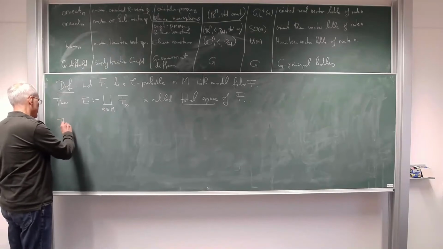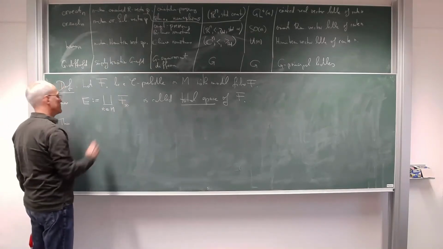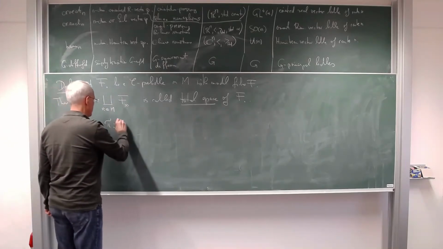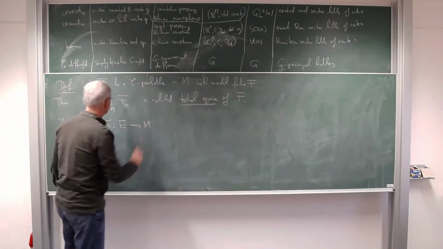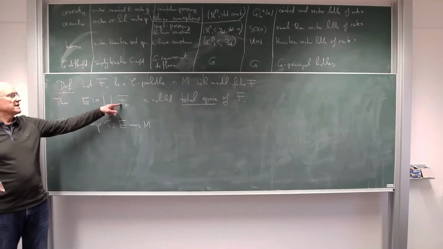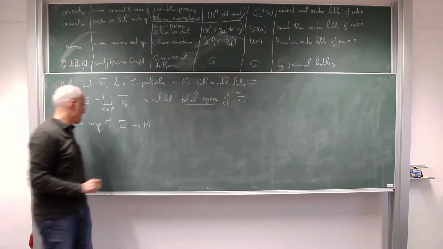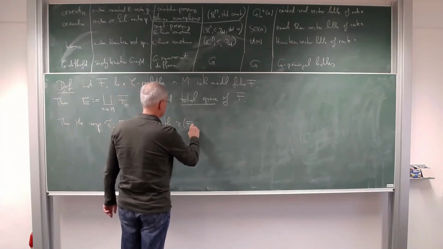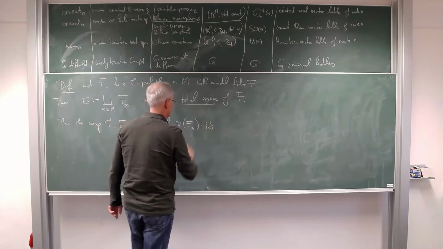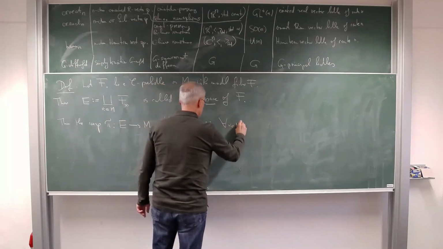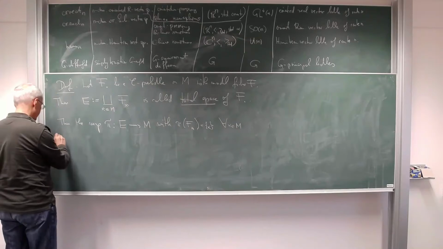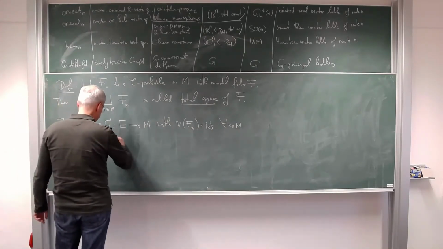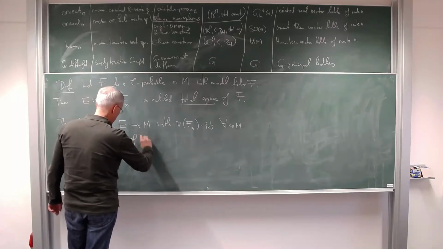And the canonical map pi from the total space to the manifold M, that sends all elements in Fx to the corresponding point x, with pi of Fx being x for all x, is called the projection of the bundle, or the pre-bundle in this case.